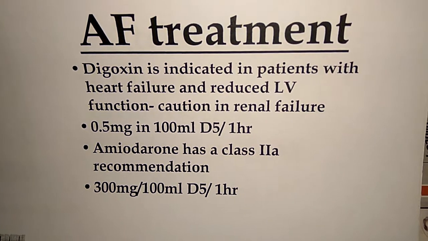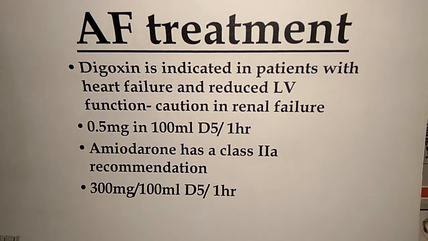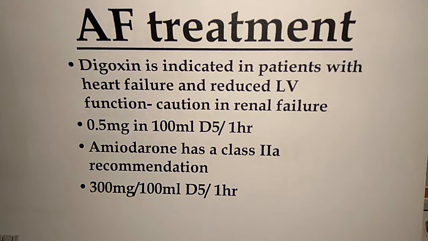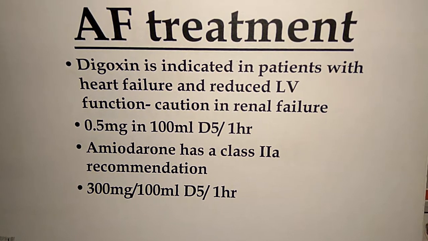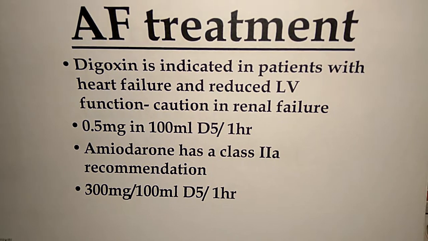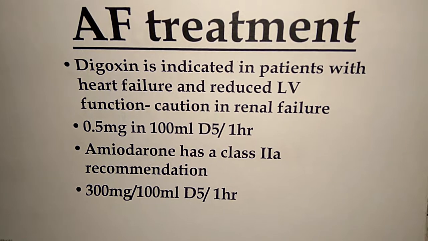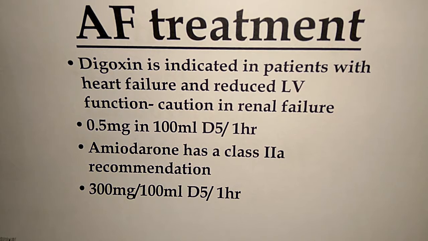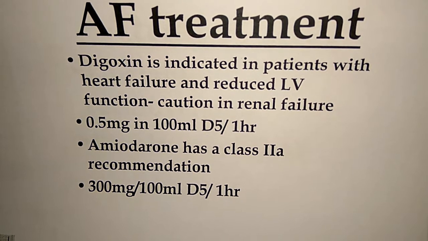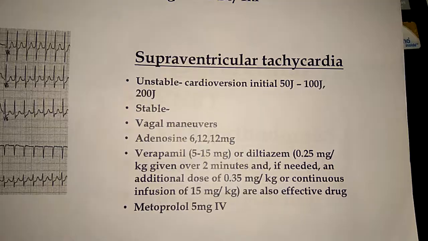For congestive heart failure and reduced LV function patients, we give digoxin 0.5 mg in 100 ml dextrose 5% over 1 hour, and also amiodarone 300 mg in 100 ml dextrose 5% over 1 hour.